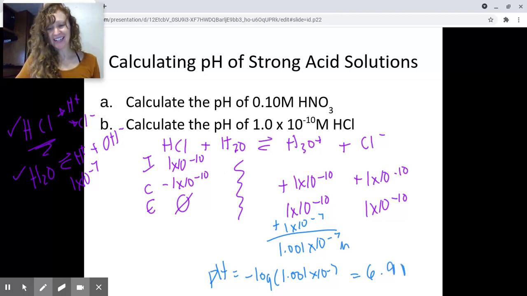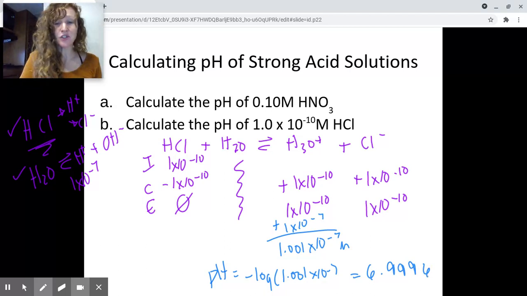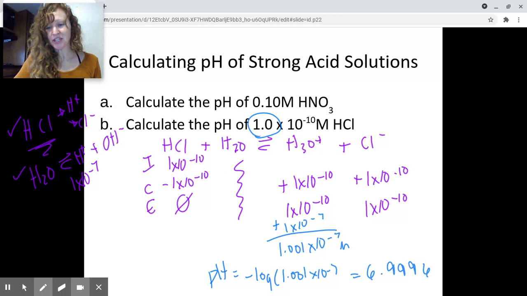So if we were keeping it to 5 significant figures, that would be my pH. If I round off to 2, because I started with 2 initially, I get a pH of 7.0.